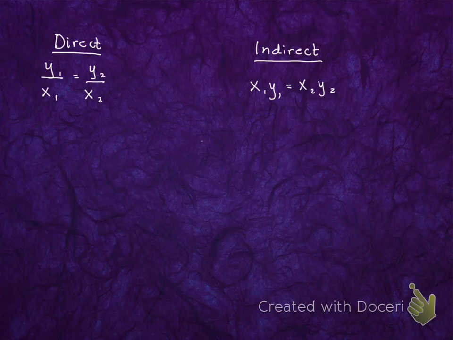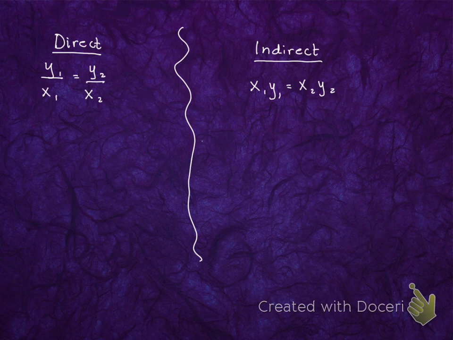Okay, so we're looking at example 5 in an indirect variation problem that involves this equation here. The number of census workers varies inversely. That's how we know we're using indirect, the word inversely. It varies inversely with the number of days it takes to complete the census. If it takes 24 workers 15 days, how many workers will it take to do the census in 10 days?